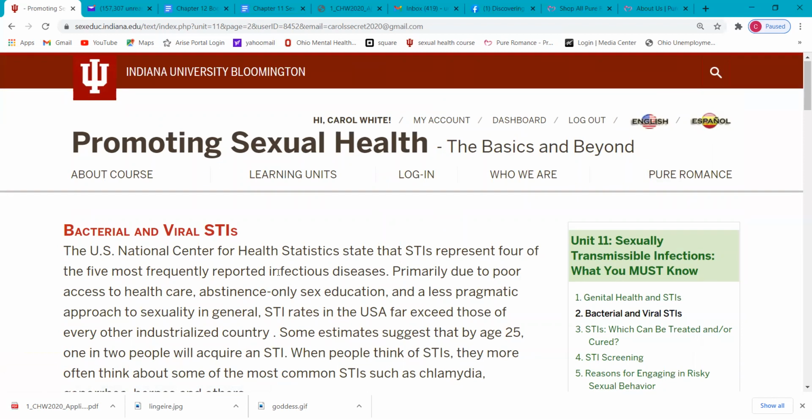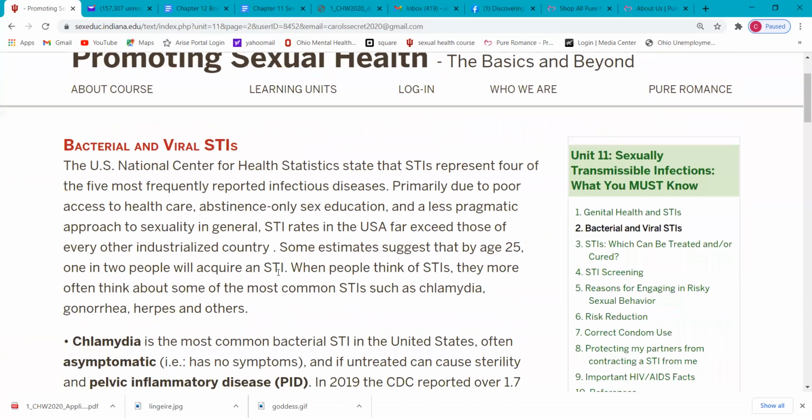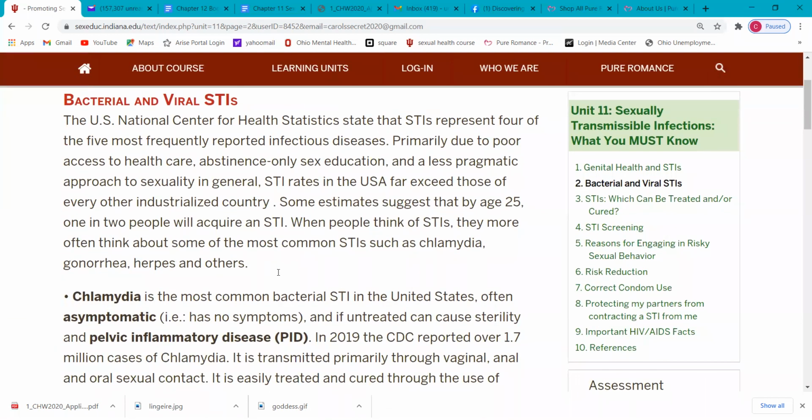So there's bacterial and viral STIs. The U.S. National Center for Health Statistics states that STIs represent 4 of the 5 most frequently reported infectious diseases, primarily due to poor access to health care, abstinence-only sex education, and a less pragmatic approach to sexuality in general.